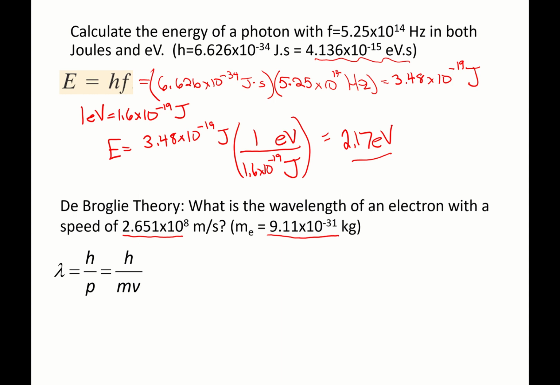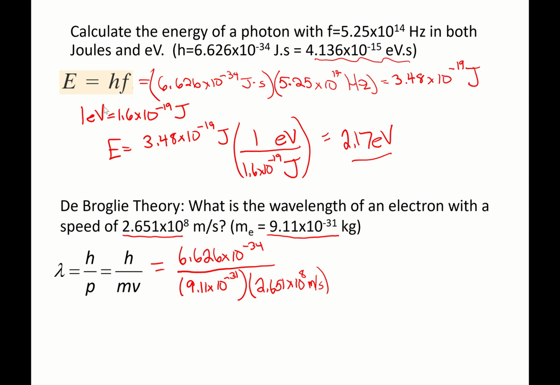So the wavelength is Planck's constant, 6.626 times 10 to the minus 34, divided by the mass, 9.11 times 10 to the minus 31, times the speed, 2.651 times 10 to the 8 meters per second.